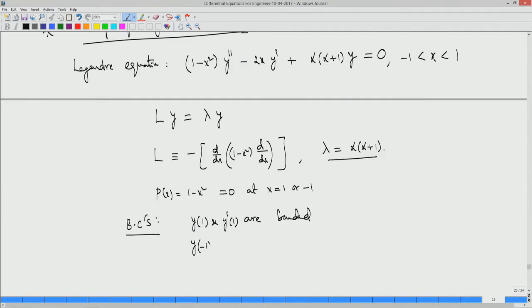Similarly, y at minus 1 and y dash at minus 1 are finite.